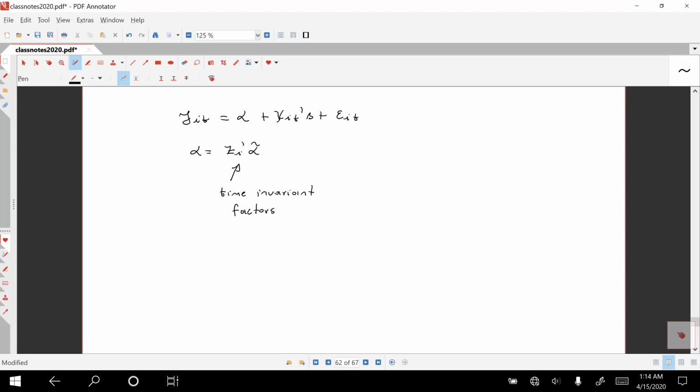So an underlying assumption here is that there is no heterogeneity across the individuals related to these time invariant factors.